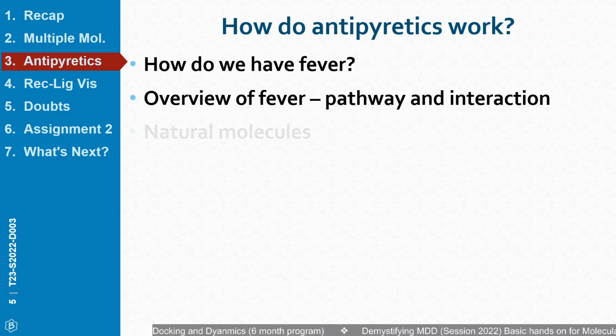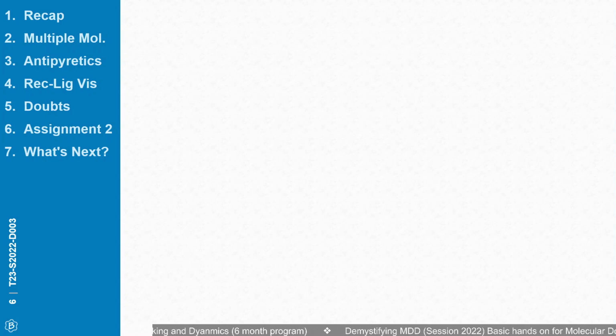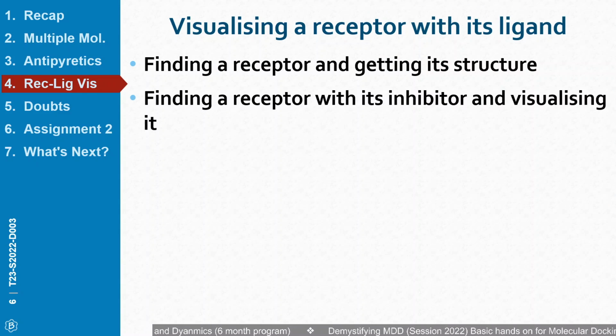We have worked on it, and next one is, we have already done this part, that we need to find a receptor. We have found cyclooxygenase here, and we found the receptor with its inhibitor.